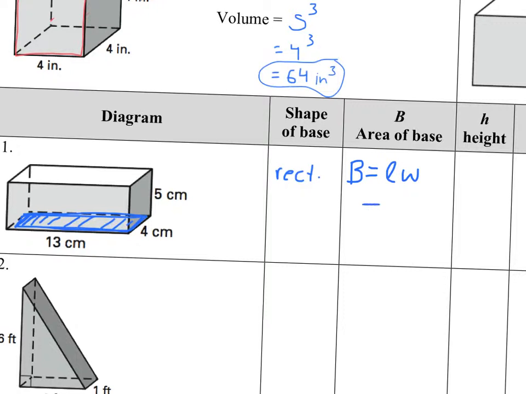So in this case, it's going to be 4 times the 13. Notice perimeter's not necessary in this formula, and we just multiply that out to get 52. I'll deal with the centimeters at the end. The height, of course, means the distance between the bases. So this one here will be my height.